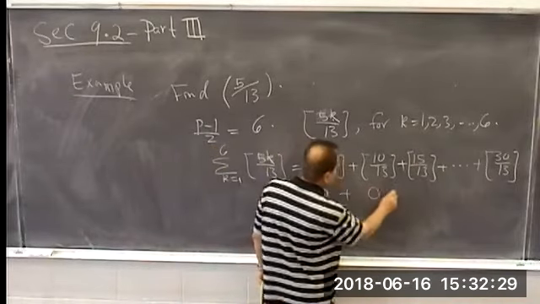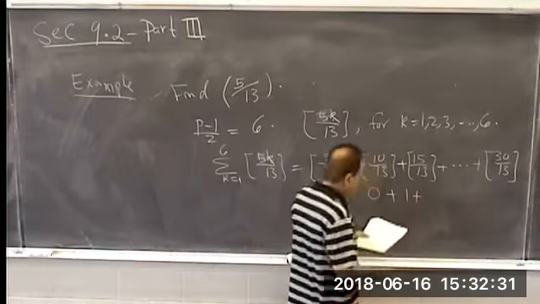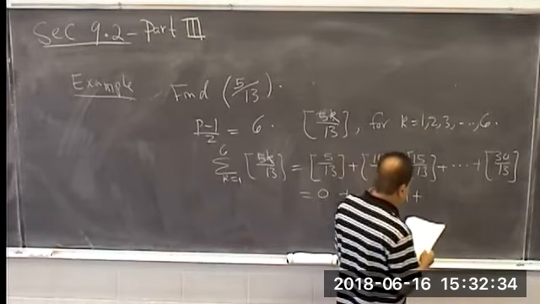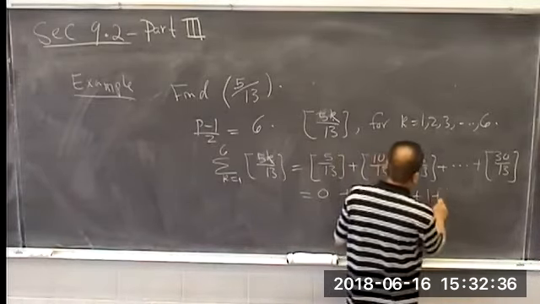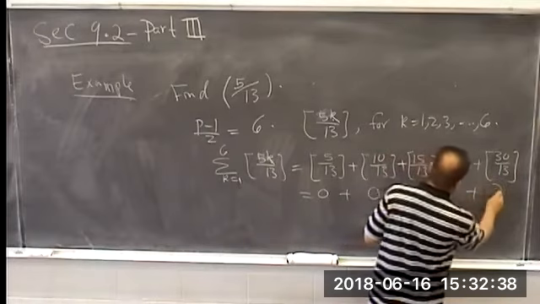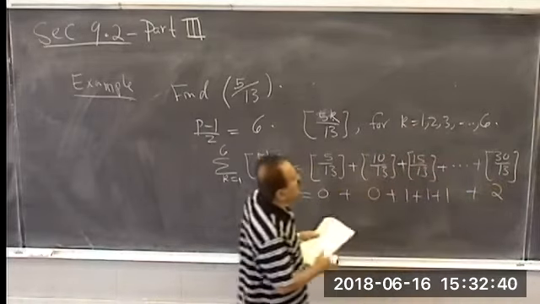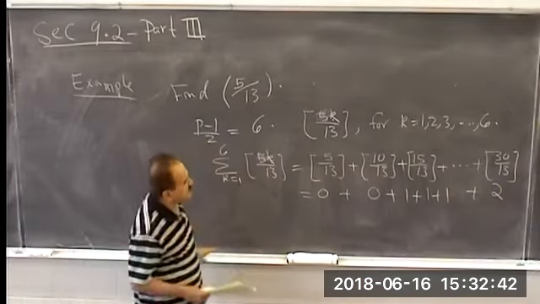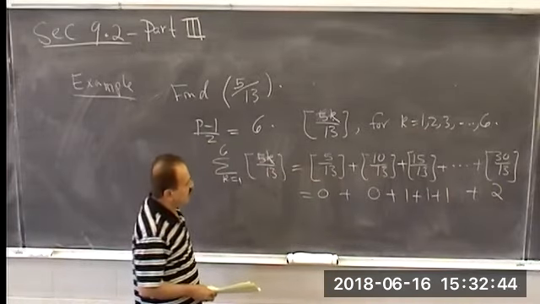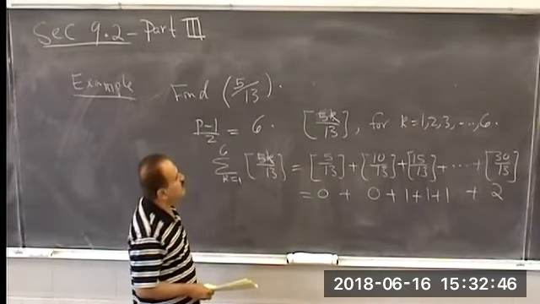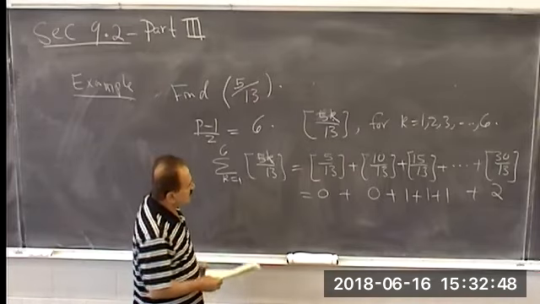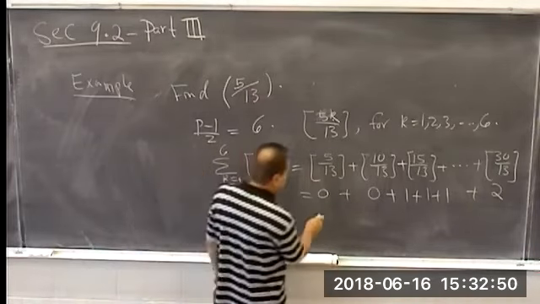This one is 0, this one is 1, and then the other values are 1, 1, 1, and the last one is 2. Okay, 30 over 13 is 2 with a remainder, so altogether this gives me 5.